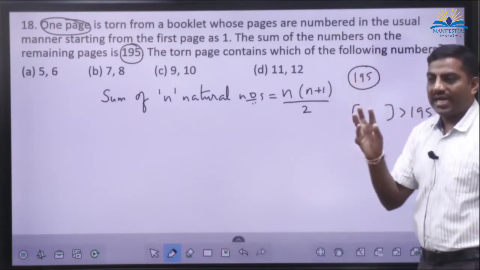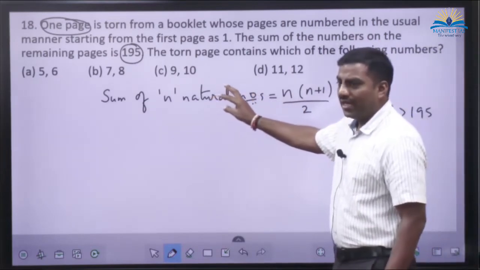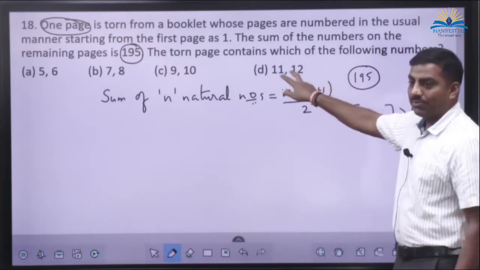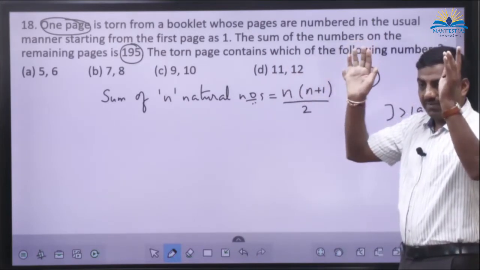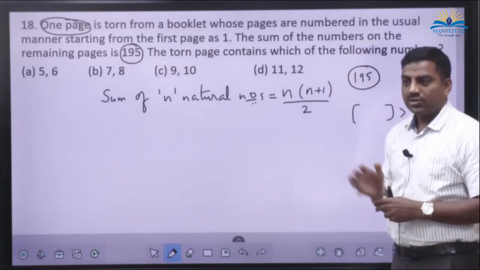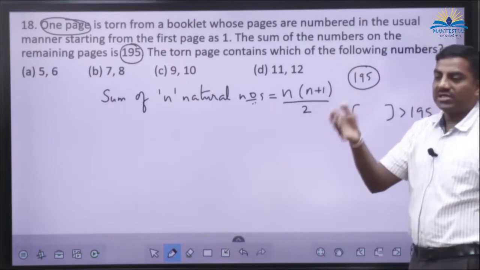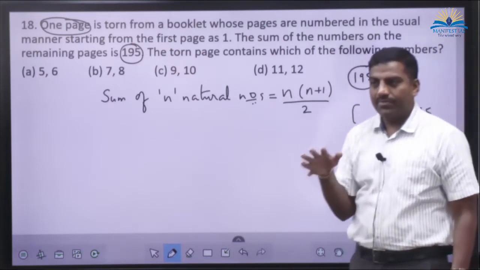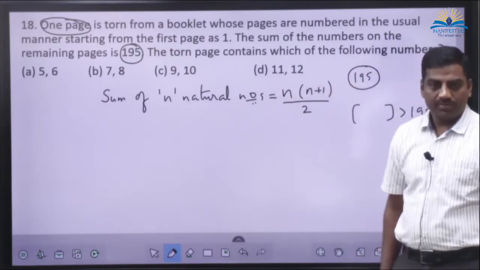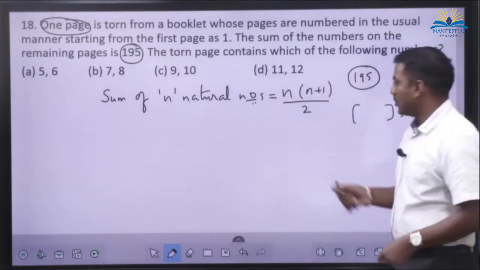So we are targeting a sum somewhere more than 200. So 23 plus 195 would give us, let's say, 228. So we are targeting this sum somewhere close to 200, and that we have to find out.